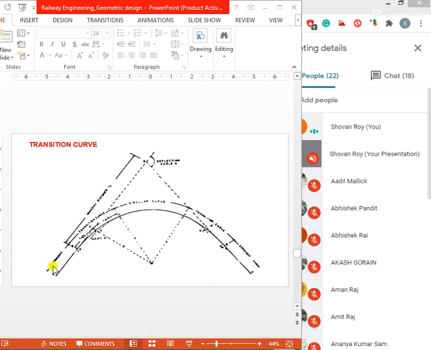The writing is not very clear, but we can understand. I have taken this picture from the Khanna Justo book, and you have also seen this in your highway engineering.